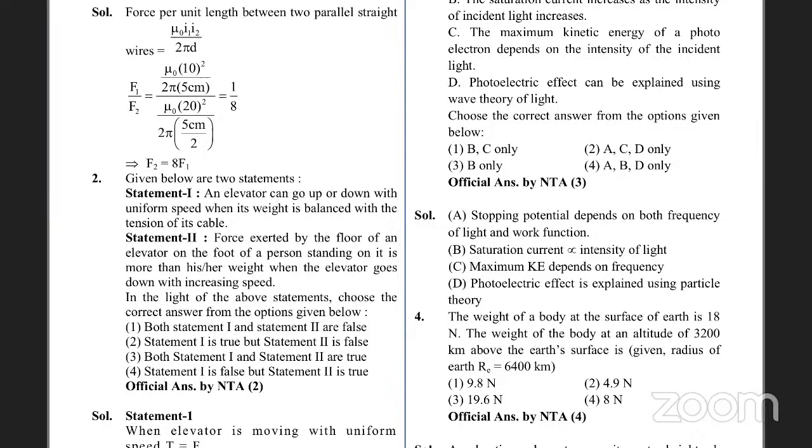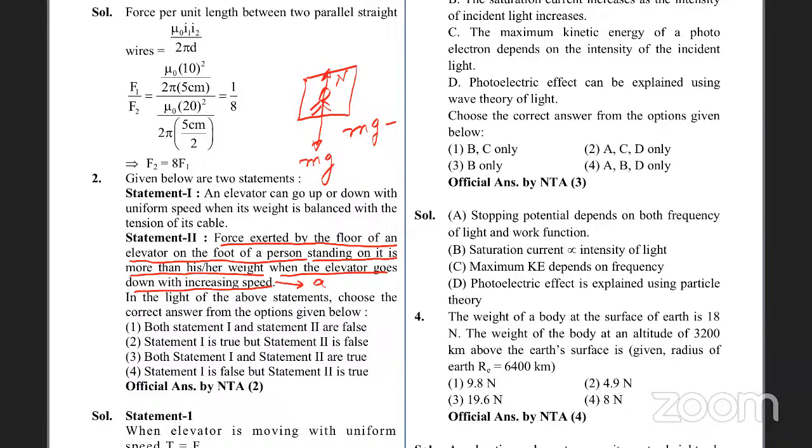Whereas, if you look at the statement, the force exerted by the floor of an elevator on the foot of a person standing on it is more than his weight when the elevator goes down with increasing speed. Increasing speed going down is nothing but acceleration down. In this case, mg is down, the normal reaction is N, then mg minus N is equal to ma.